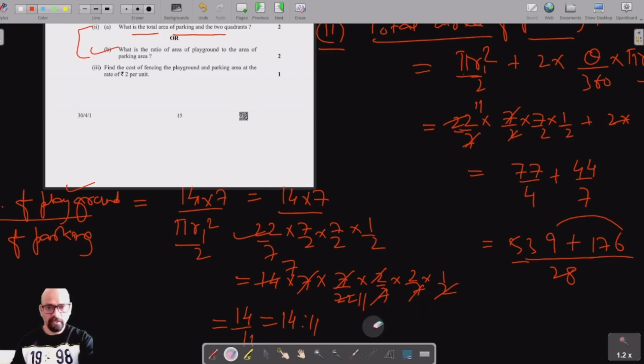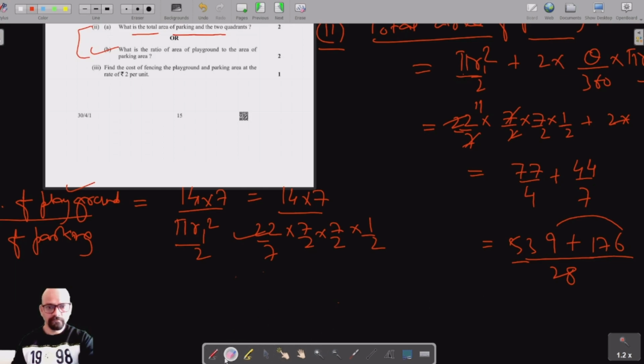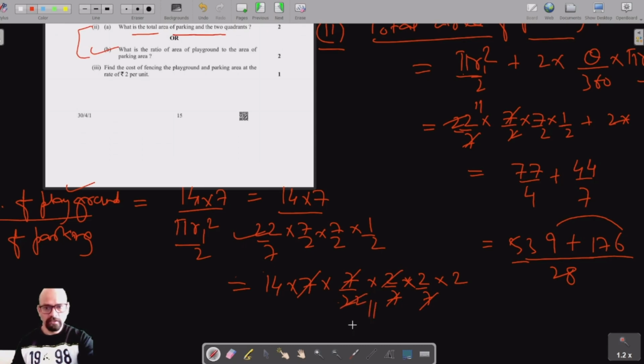So this is 14 into 7 into 7 by 22 into 2 by 7 into 2 by 7 into 2. So the 7s get cancelled, so it's 2 into 11, and it's 14 into 2 is 28, 28 into 2 is 56 by 11. So the ratio is 56 is to 11. 56 is to 11 is the required ratio.